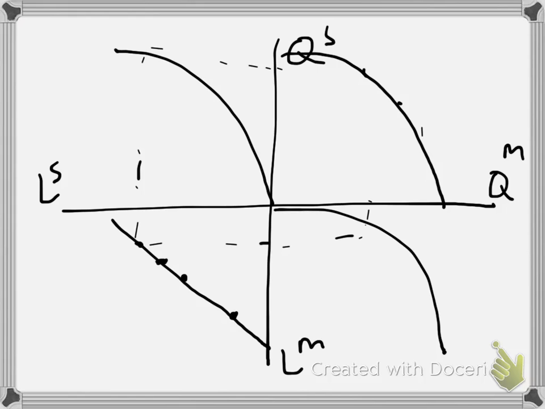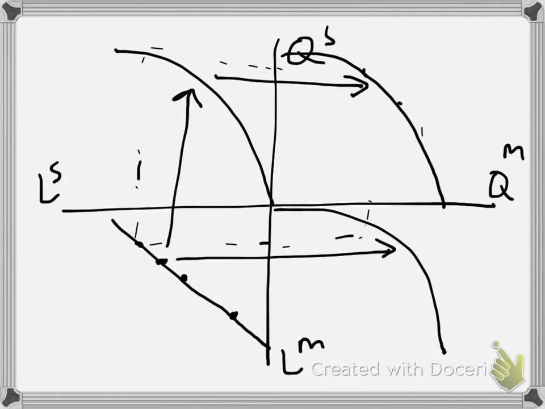So basically we're mapping from labor allocations to outputs, and then to the production possibility frontier. So that's basically how we derive the production possibility frontier.